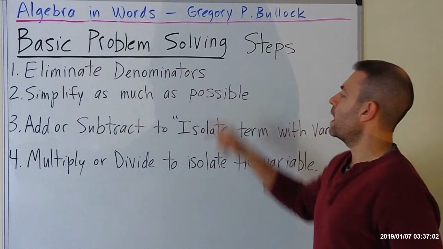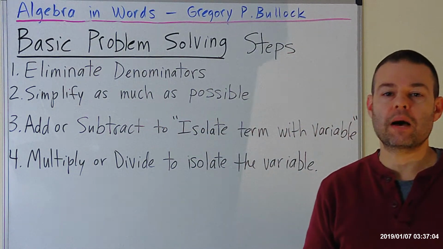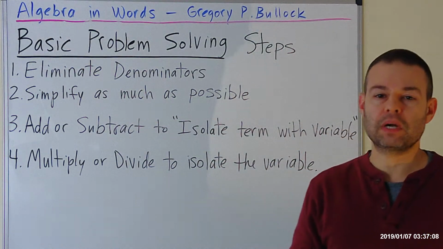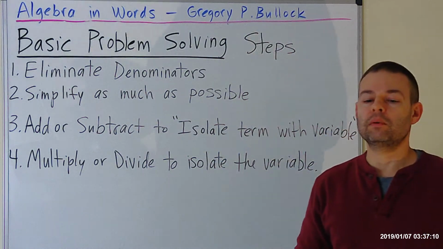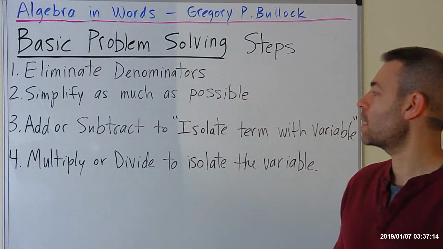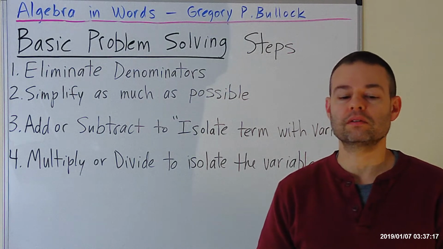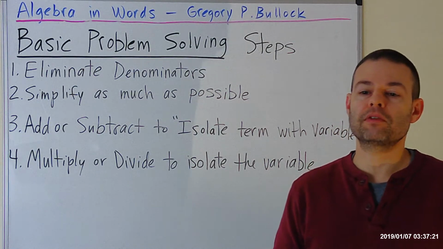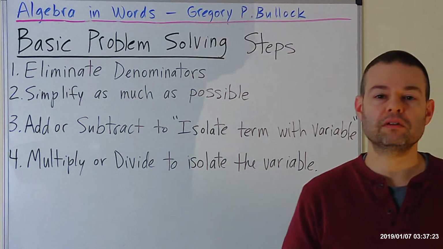The first step that I have here is to eliminate denominators. And the second step is simplify as much as possible. I'm going to talk about both of these steps sort of combined for a second. Steps 1 and 2, generally speaking, is you want to simplify as much as possible and prepare the problem for steps 3 and ultimately 4.